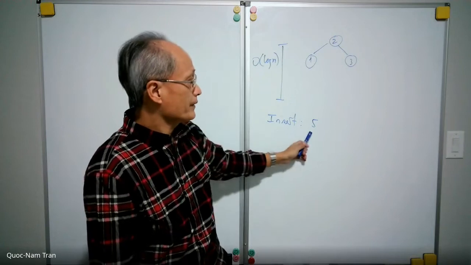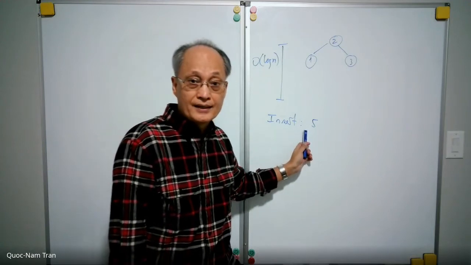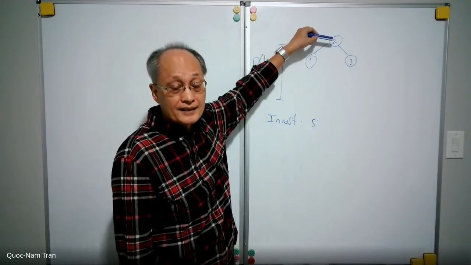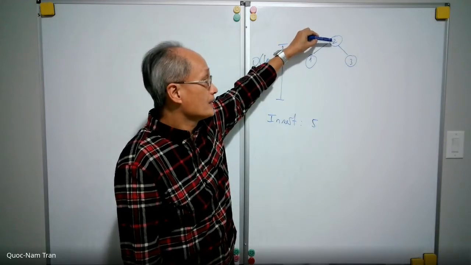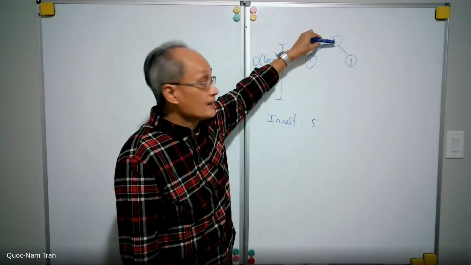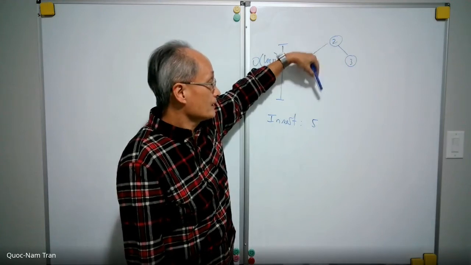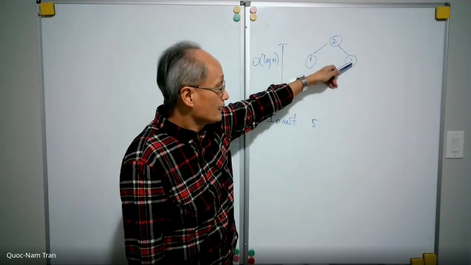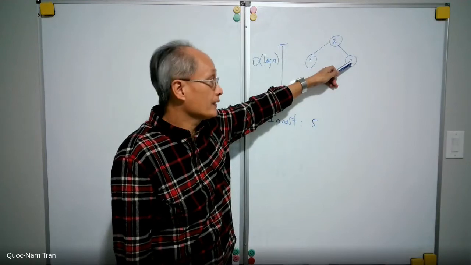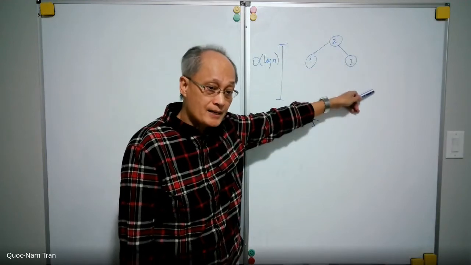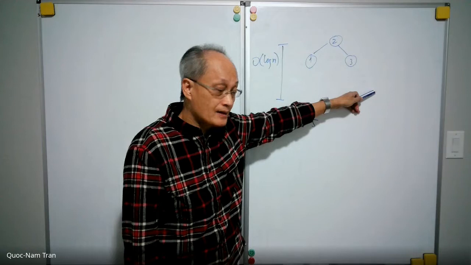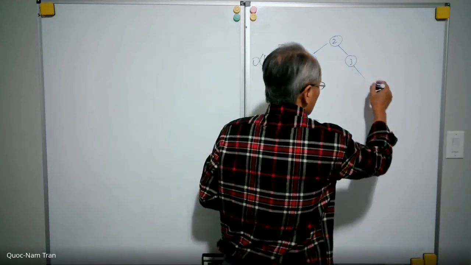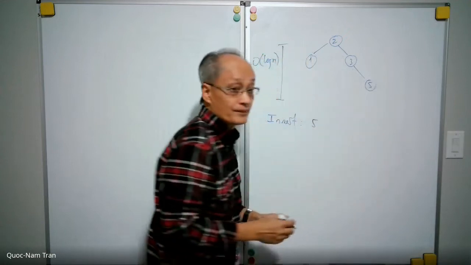So what will happen if I want to insert 5? We start from the root and compare. It's bigger than 2, so we go here. Then it's bigger than 3. So we know that we will insert it on the right-hand side of 3. So that's it, we insert 5 here.